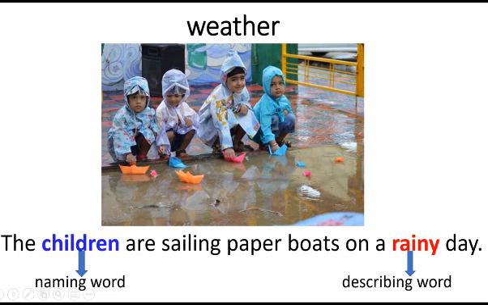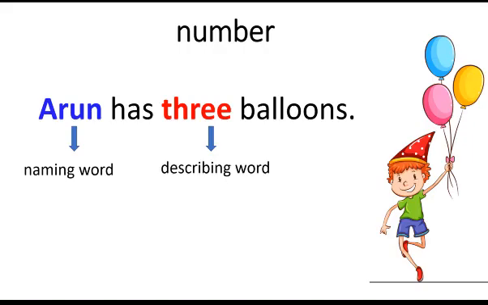The children are sailing paper boats on a rainy day. Children, naming word, rainy is the describing word which is describing the weather condition. Arun has 3 balloons. Arun has balloons, but how many? 3.